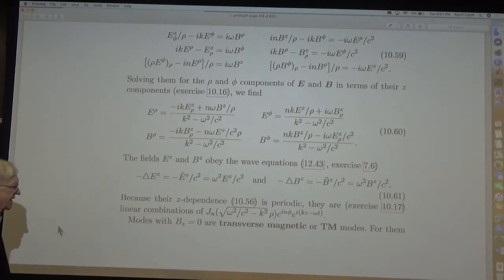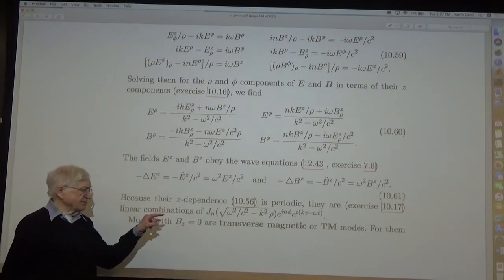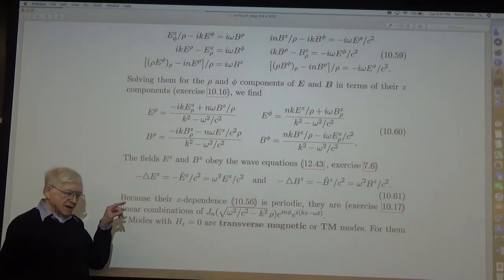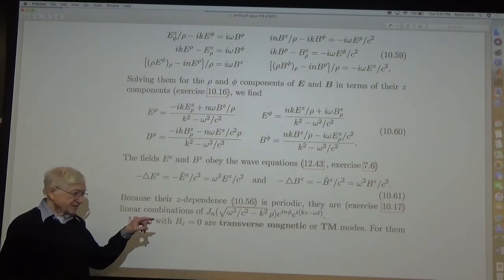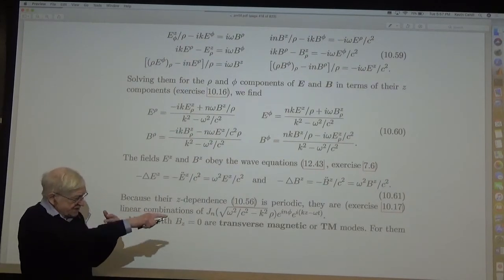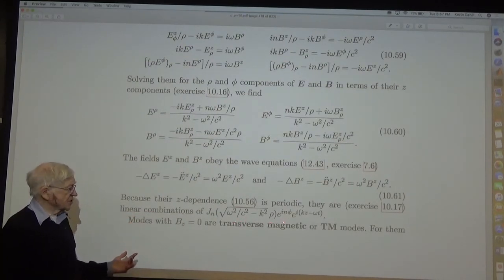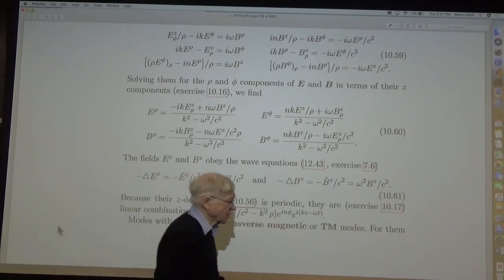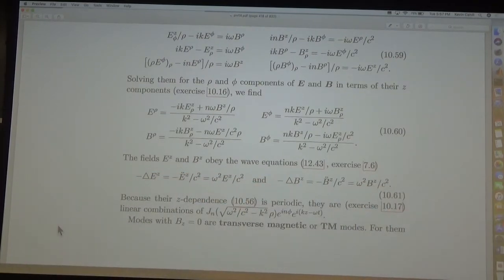You now can have, if you have B, the z component of B vanishing, then B is only transverse to the direction of propagation, and those are called transverse magnetic modes, or TM modes.